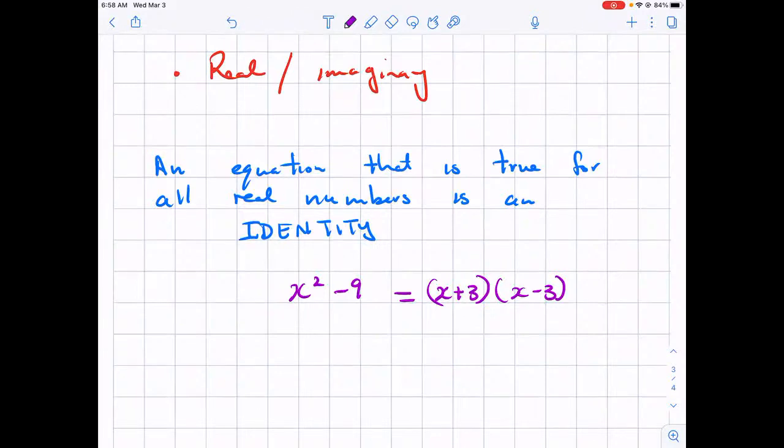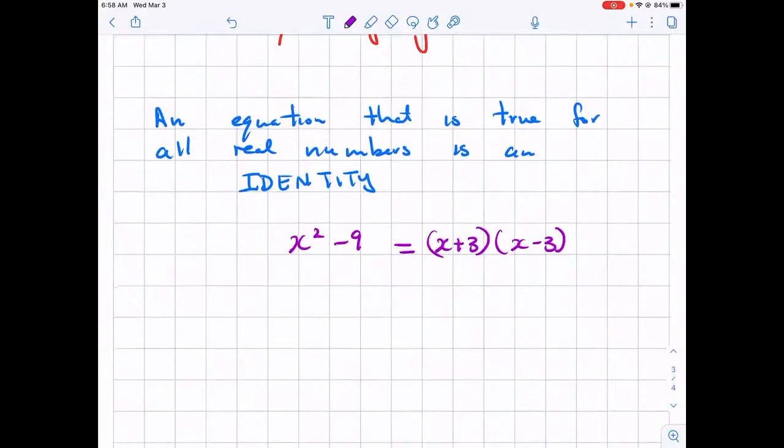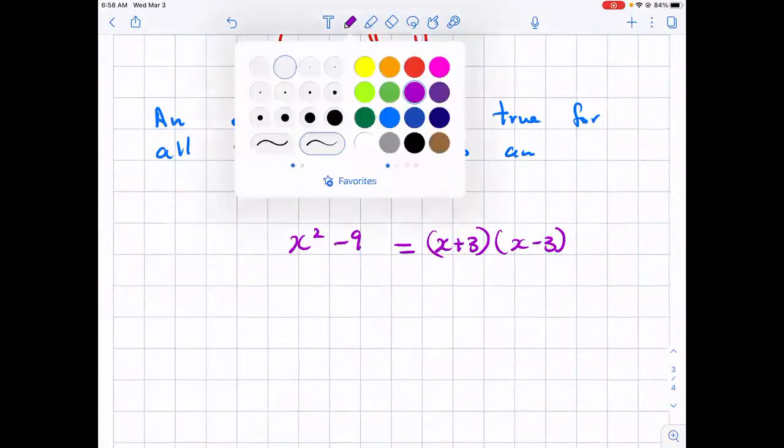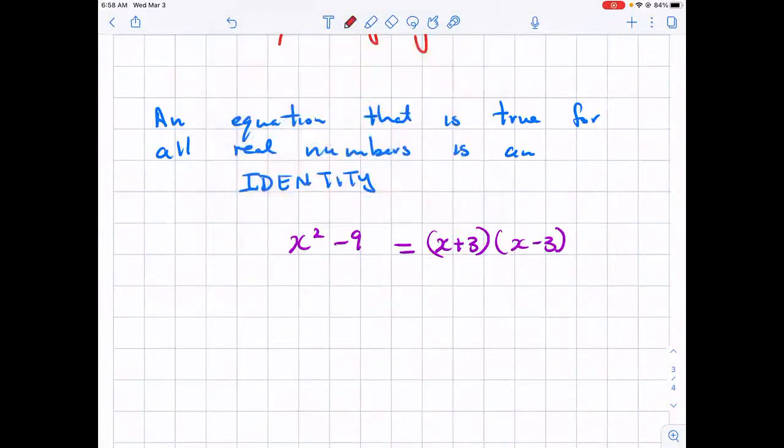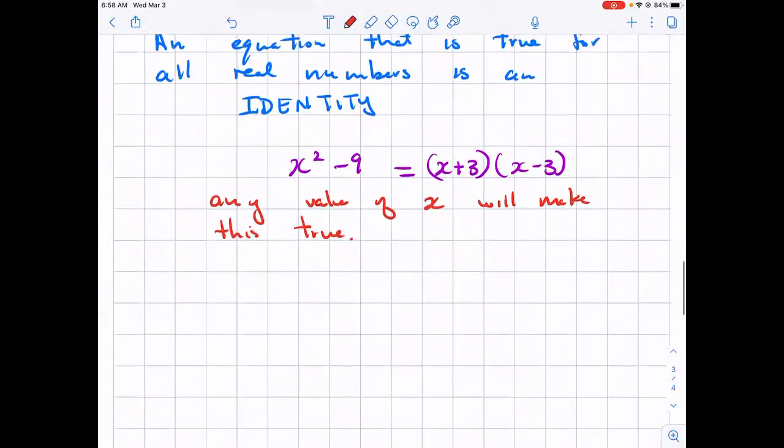So if you pick any number, any value of x will make this true. Let's try x equals 1.